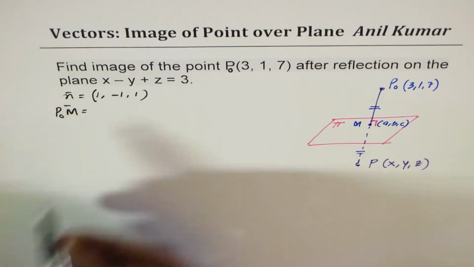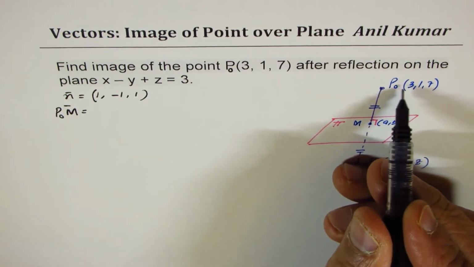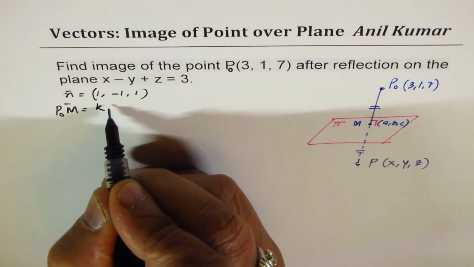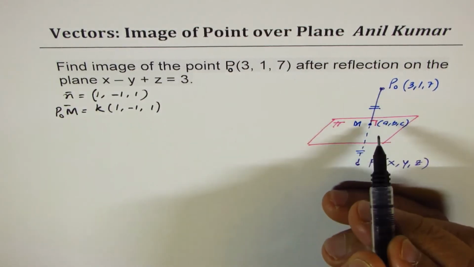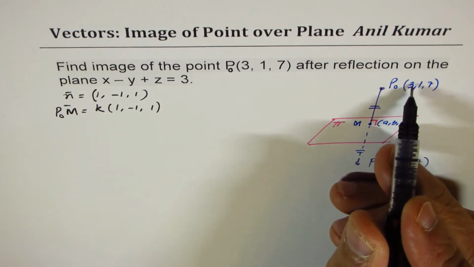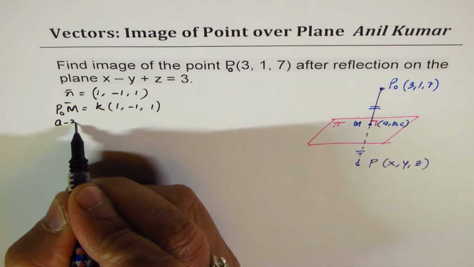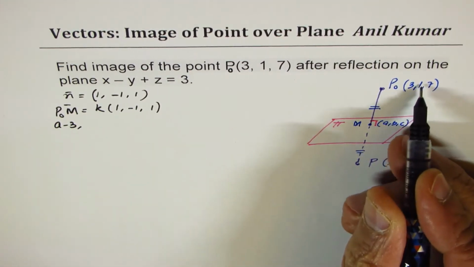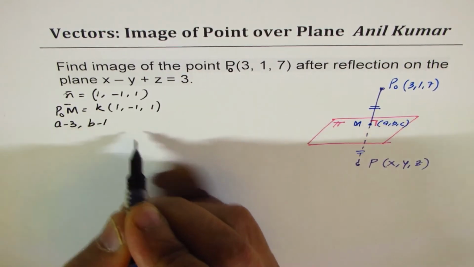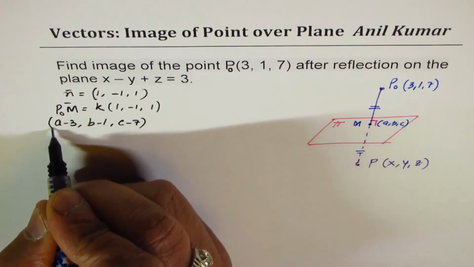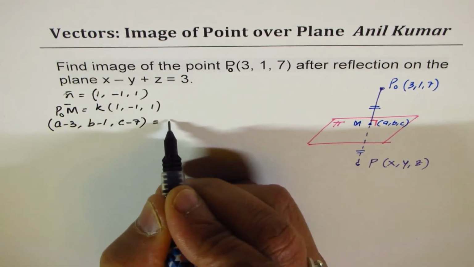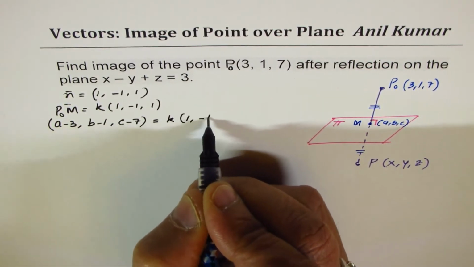That means they are in the same ratio. Now, what is the direction of P0M? It is k times (1, -1, 1). The direction of P0M is (a minus 3, b minus 1, c minus 7), which is a scalar multiple of (1, -1, 1).